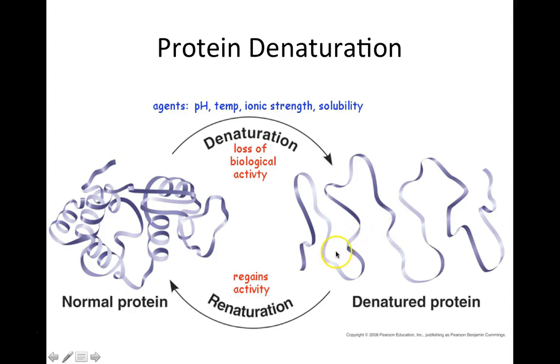For different kinds of proteins, depending upon the type or where it's found, we can see that some denatured proteins can actually undergo renaturation and regain their activity again. Every organism is unique, every protein is distinctive, so we can't make any broad general characteristics of proteins or groups of proteins. We have to look at each individual one and study them to figure out if they're irreversibly or reversibly denatured under certain conditions.